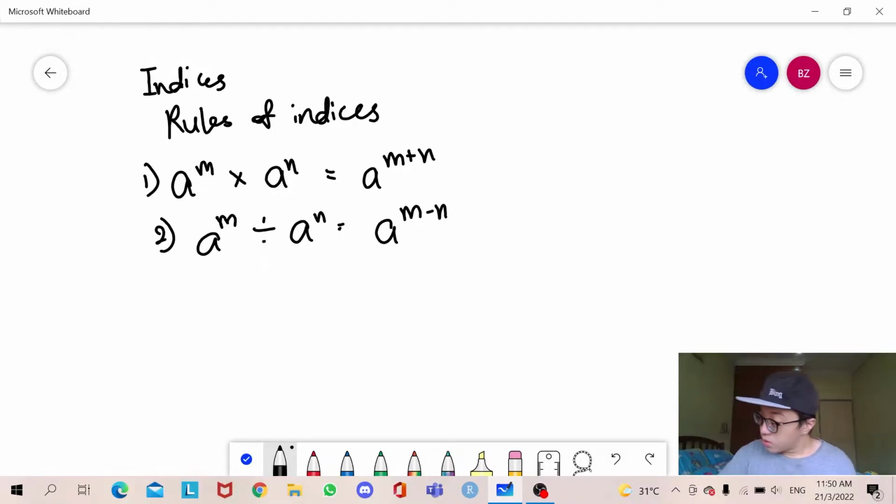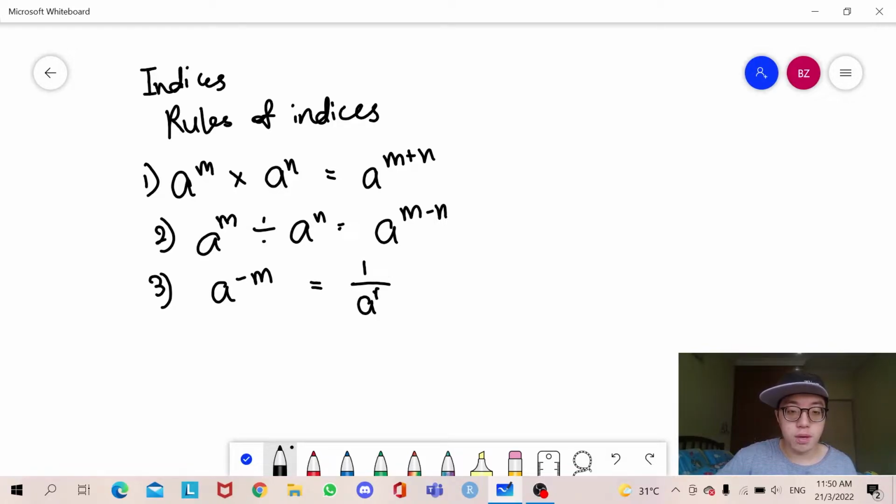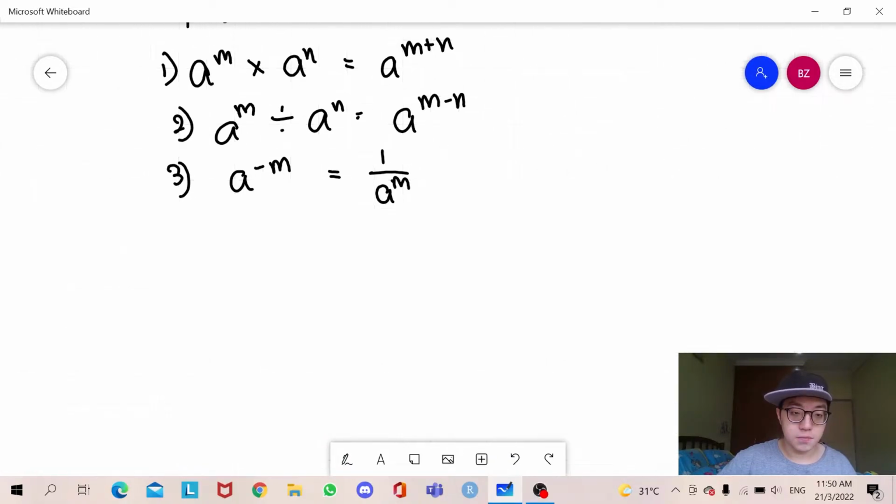The next one is a to the power of negative m is equivalent to 1 over a to the power of m. When you have a reciprocal, then it's to the power of negative, as stated from the first video.